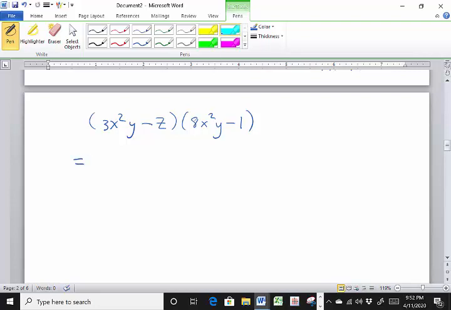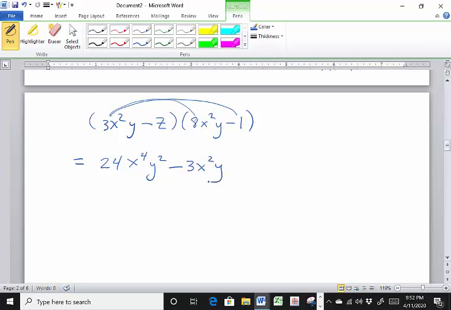So however you want to look at this, FOIL or distributive law, we're going to multiply this times this. So that's going to be 3 times 8 is 24. Then x squared times x squared is x to the 4th. And then y times y is y squared. Okay? So that was first. And then outside. So that's 3x squared y times negative 1. So that's just minus 3x squared y.